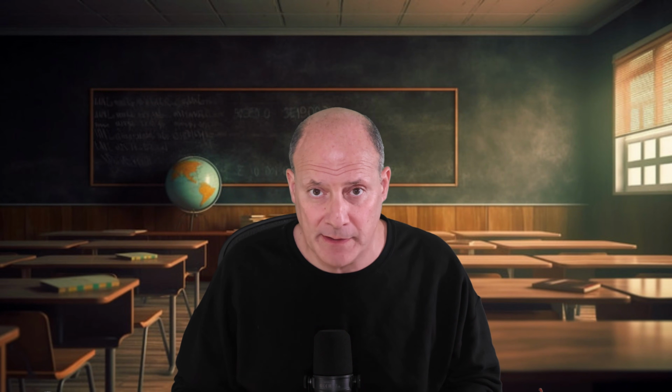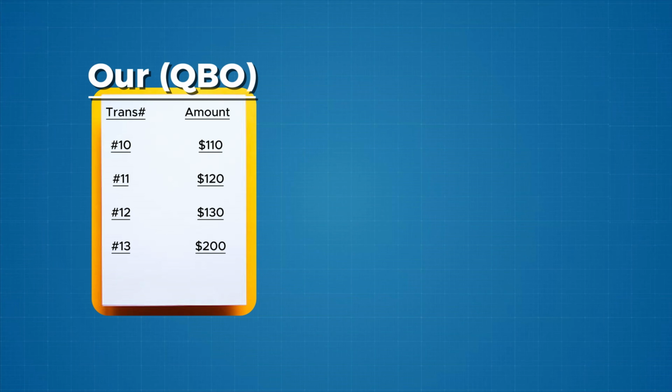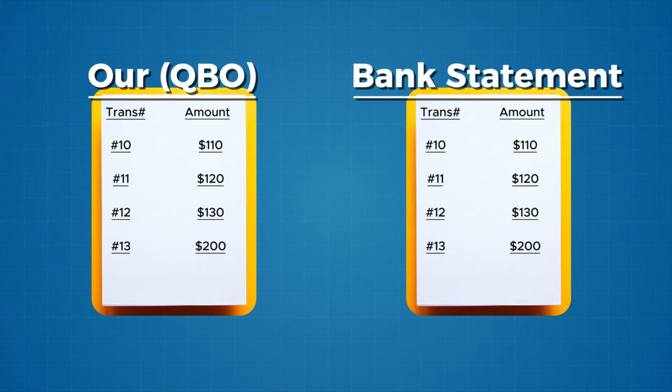Now, when you think about the physical procedure that we are performing, when we physically compare one by one every transaction we recorded in QuickBooks to every transaction listed on the statement, all we're doing is marking off the very same transaction that we find in QuickBooks Online with the very same transaction that's listed on the statement.